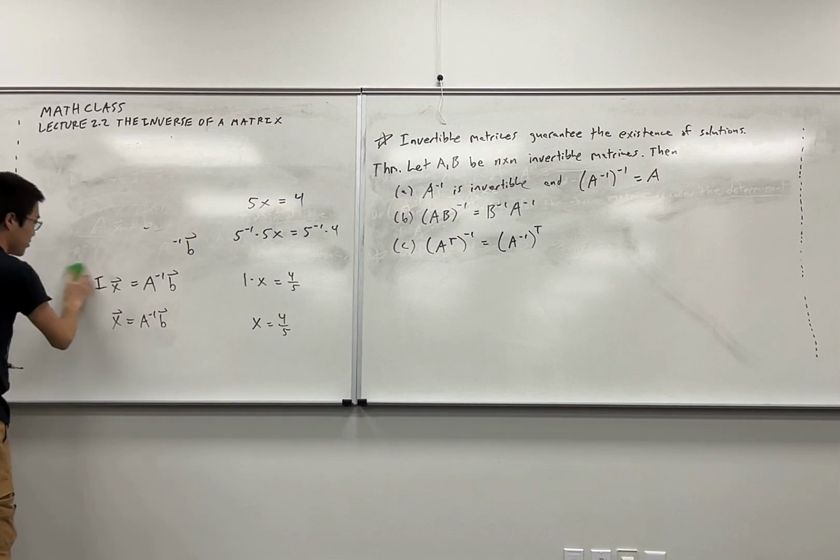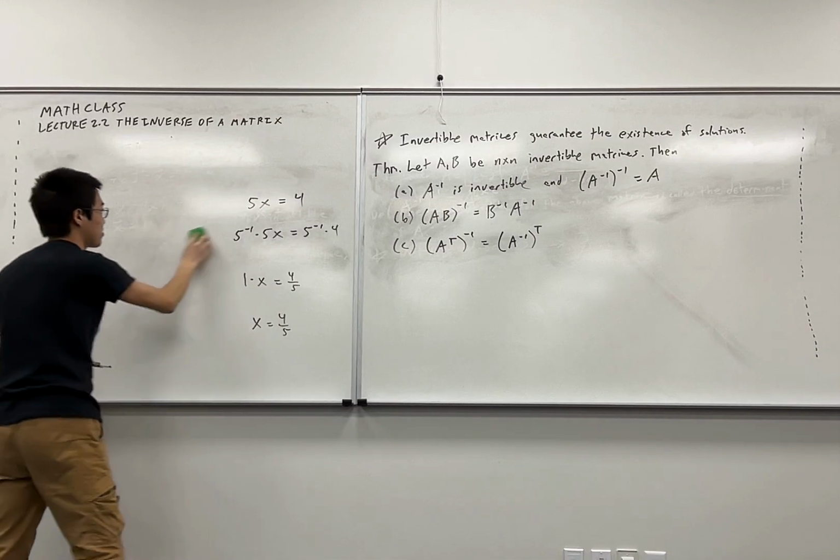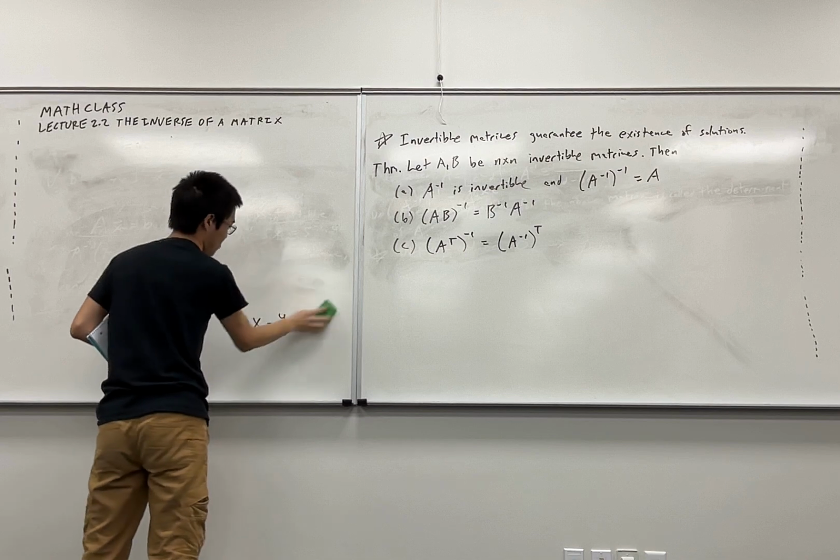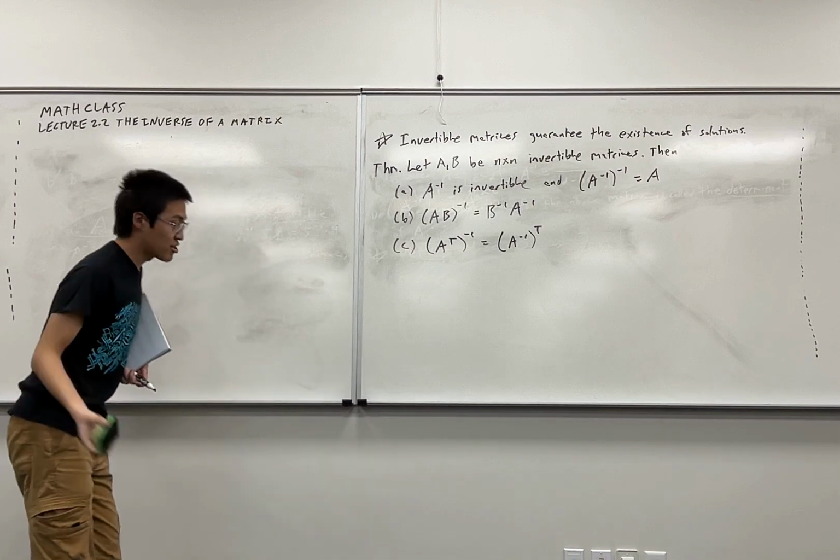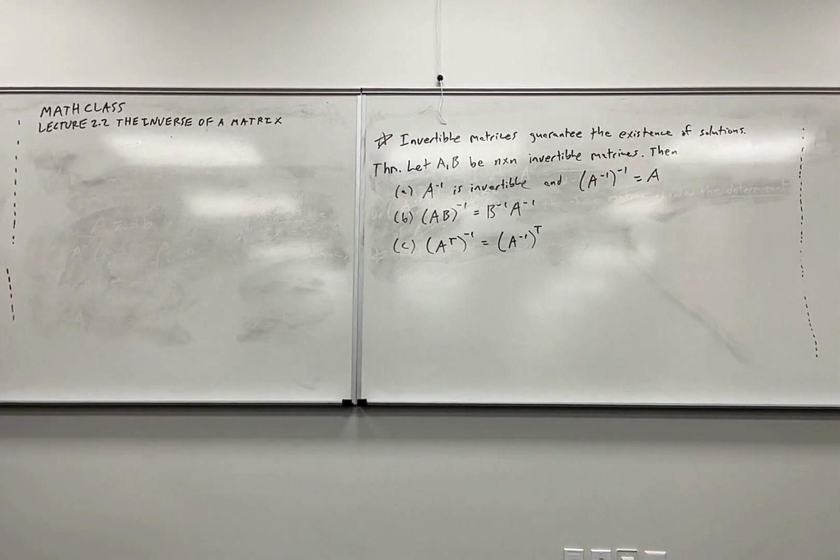The way we're going to get to the algorithm for determining whether or not an inverse exists, since you won't always be able to find one, is we need to define something called an elementary matrix.